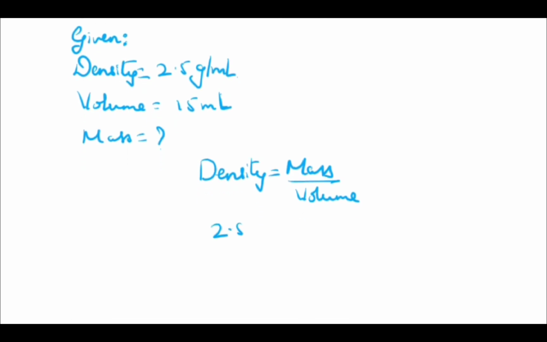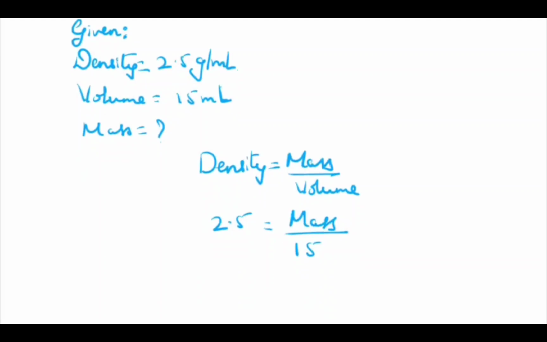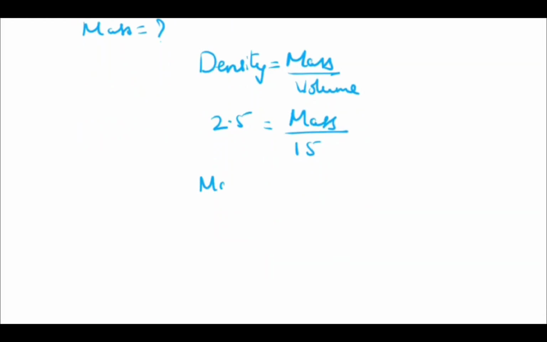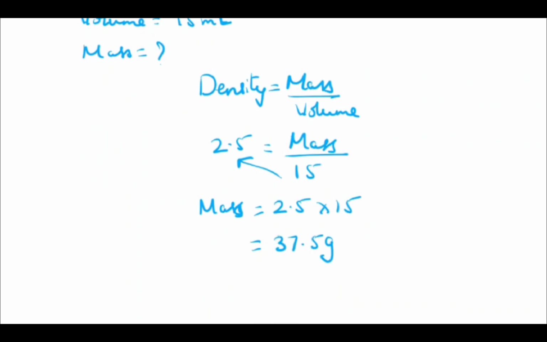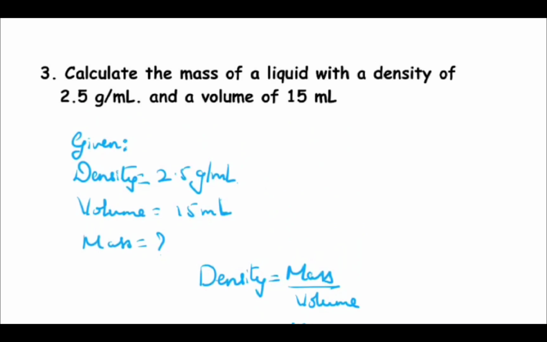Density is given, which is 2.5. Mass is not given. Volume is 15 ml. Correct? Yes. So to find out mass, this goes up with a multiplication. 2.5 into 15, which is equal to 37.5 grams. So that's the mass of the liquid.